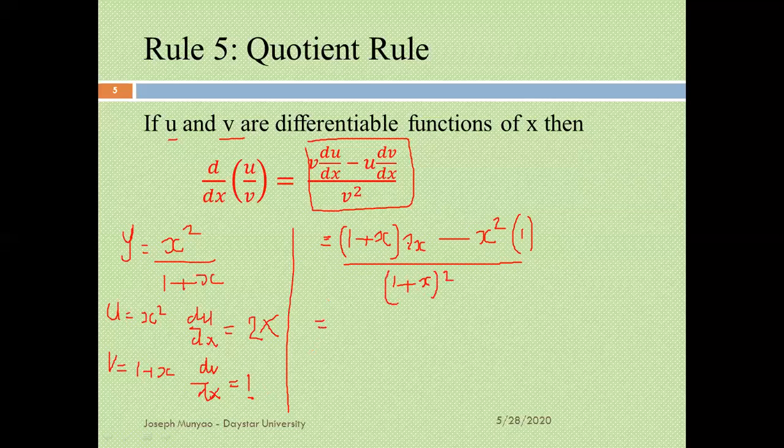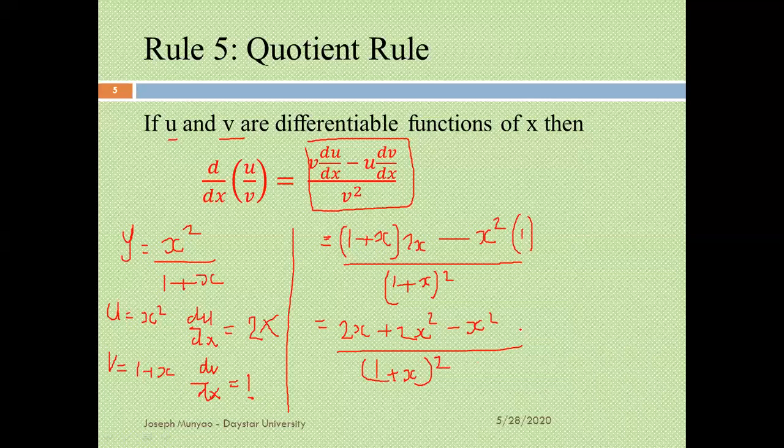So simplify. The top becomes 2x plus 2x squared minus x squared over 1 plus x everything squared. So this simplifies to, collect the like terms, 2x plus x squared over 1 plus x everything squared.